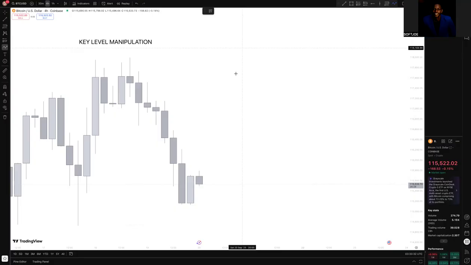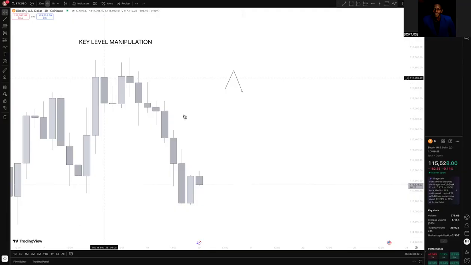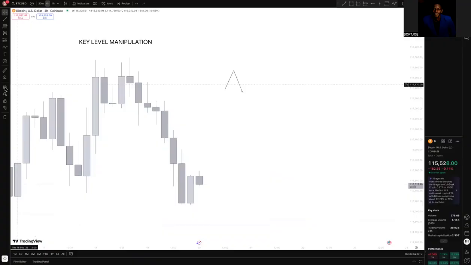The A-shaped key level, which is the resistance, is formed by your bullish and bearish candles as shown below. Let me turn on my magnet tool. This is an example of an A-shaped key level.